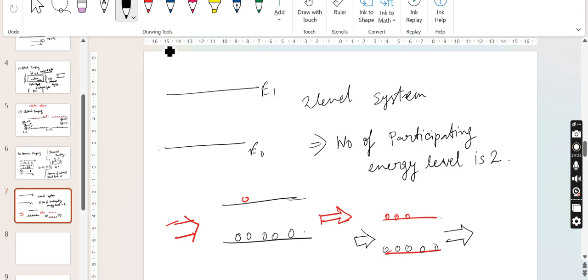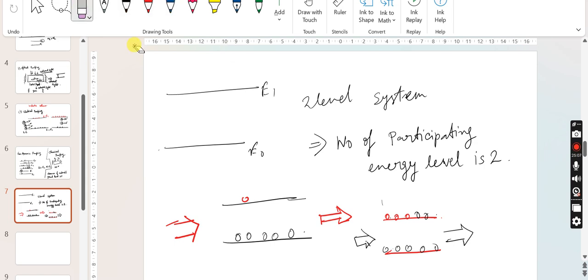After some more time, the number of atoms in the upper state and the number of atoms in the lower state will be equal. Then the probability of interaction with the input photon is equal for both excited state atoms and ground state atoms. So the number of emissions equals the number of absorptions. We will reach a steady state, but the lasing action will not happen.